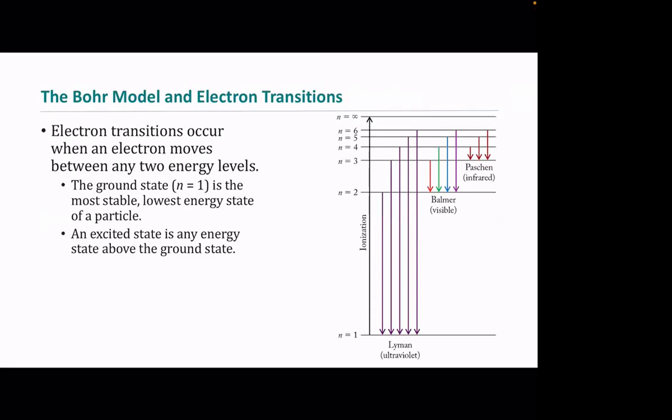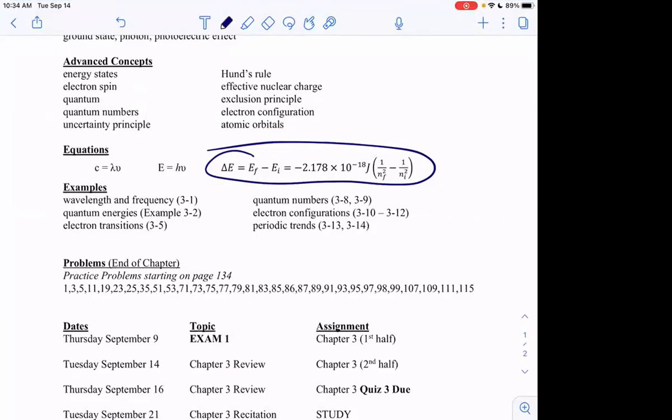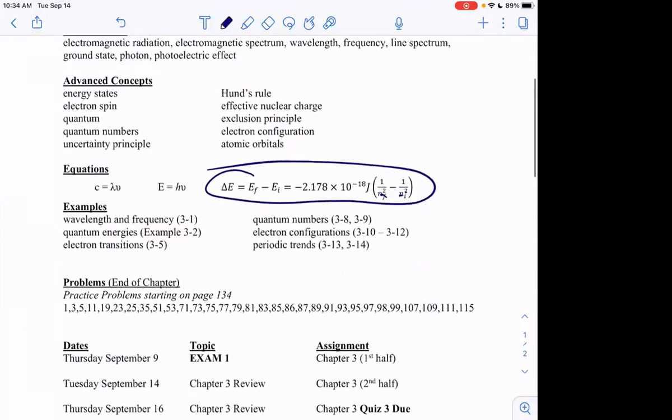And I wish I had that equation here. I can write it, but it's easy just to go here. The transitions between any of these energy levels, initial and final, tell you what the amount of energy is, and then you know what the frequency is from Planck's equation, and then you know what the wavelength is.